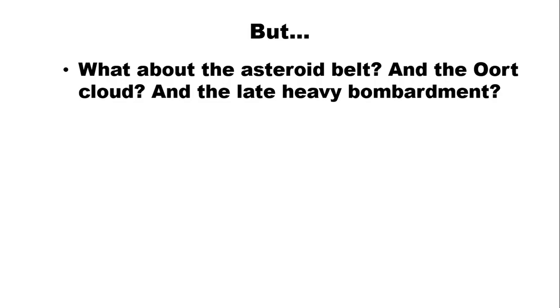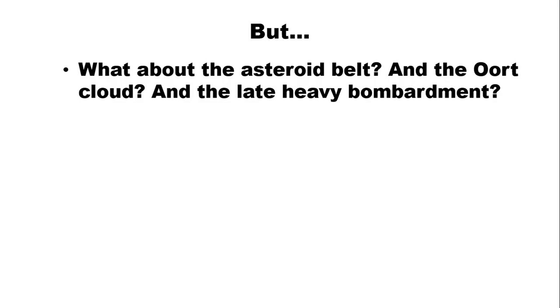And how did it get that far from the sun? And then this period when material started to fly all over the solar system about 1 billion years after its formation, what we call the late heavy bombardment. So there are still some details we need to work in, which means we perhaps need to refine our hypothesis.